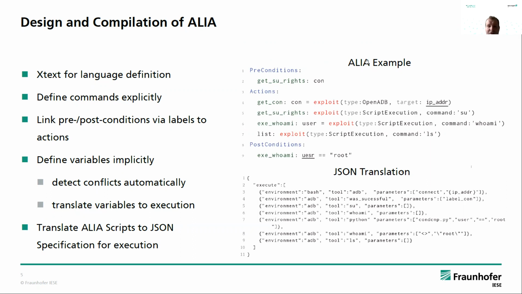What you see here is an example of ALEA. Within the actions list, we have 4 actions which are executed in a sequence. At first, we open the Android debug bridge with a specific IP address, and we exploit a vulnerability to get a connection.